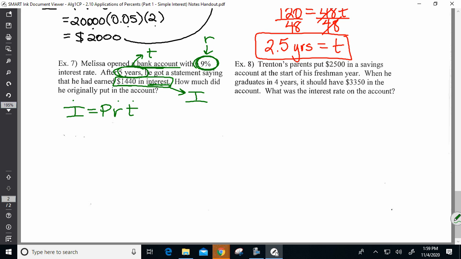So let's plug in what we know and solve for what we don't. So I is 1440, times P times 0.09 times 5. Remember, the percent has to be changed to a decimal. If you just put 9 into that problem, you're guaranteed to get the problem wrong. But now we can solve the problem.